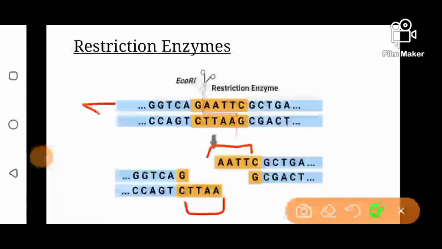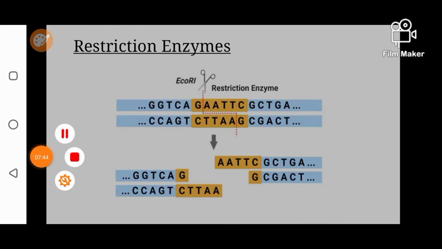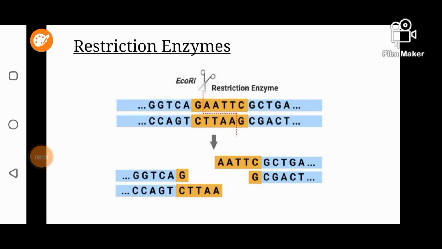If we look at this strand, this is the 5' end of this DNA strand and this is the 3' end. Likewise, this is the 5' end and this is the 3' end. So if we cut DNA with EcoRI, it will leave a 5' overhang on both DNA strands, that is AATT and AATT. These kinds of ends are known as sticky ends, and these enzymes are more useful in recombinant DNA technology.